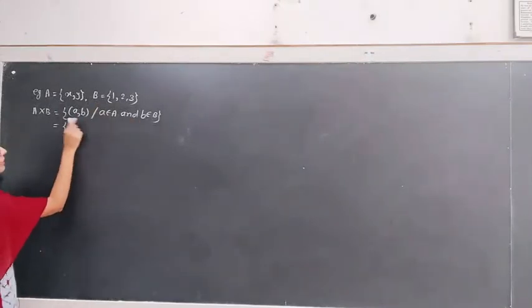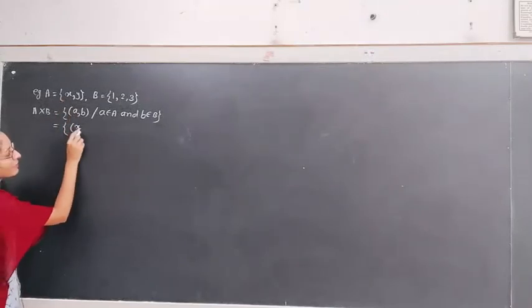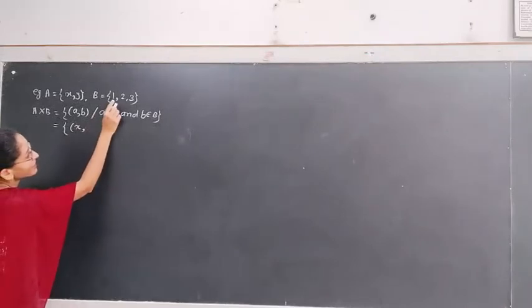Consider an element from set A, that is the first element of this ordered pair. The second element should be from the set B.